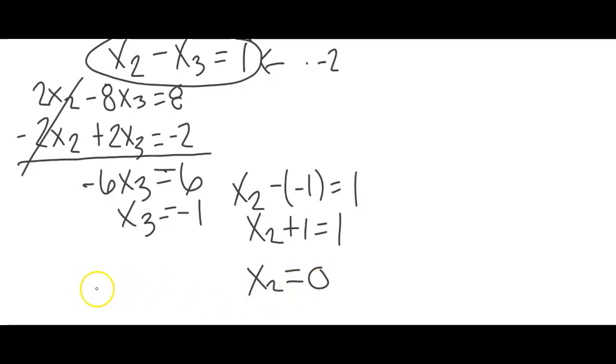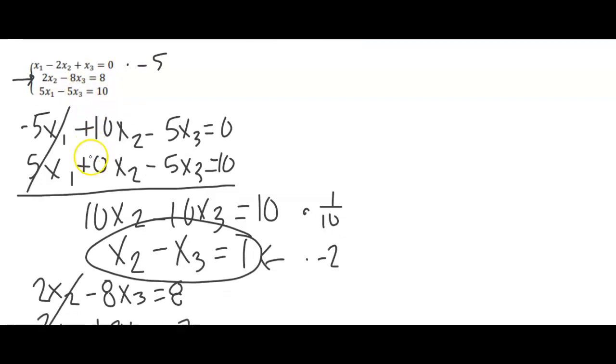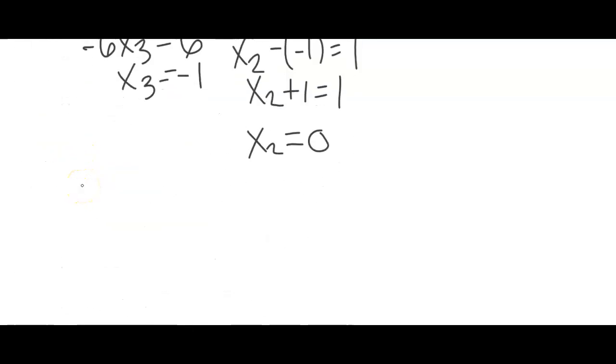And then let's go all the way up. I need to solve this for x1. I can use either one of these. I know that x3 is -1. Let's use that bottom one. So 5x1 minus 5x3 equals 10 is the one that I'm using.